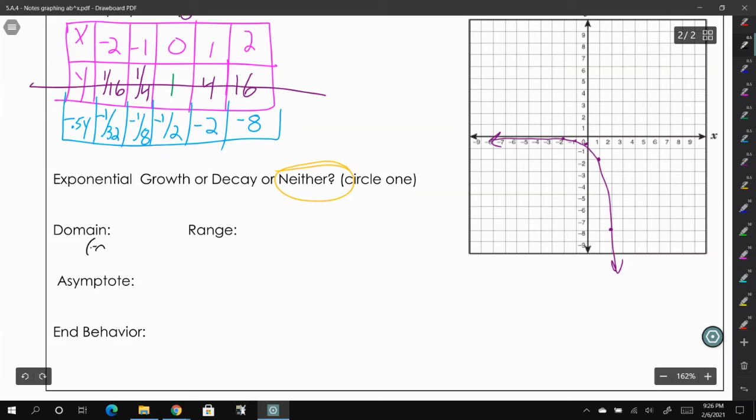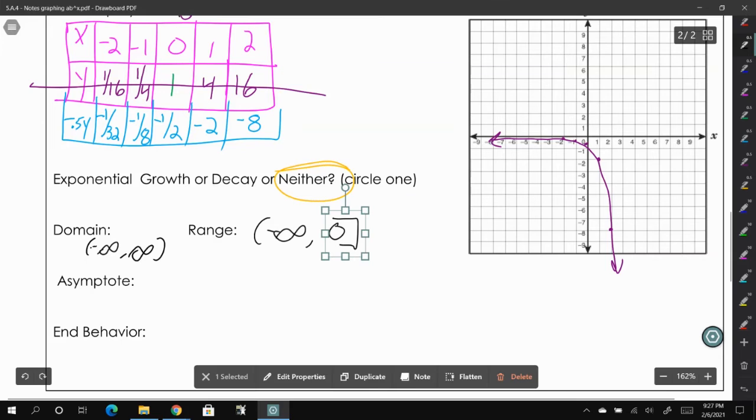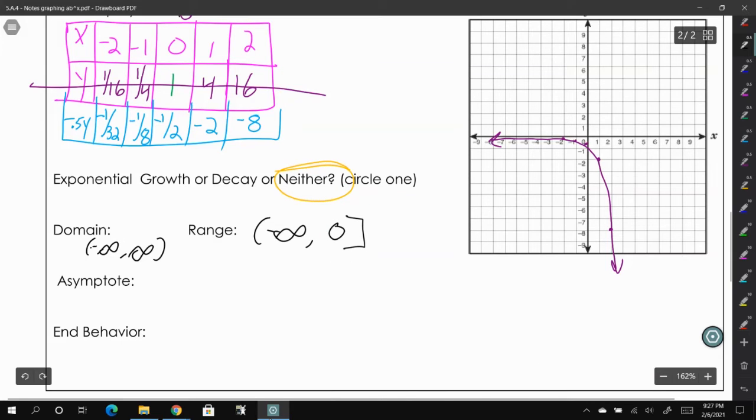Domain, negative infinity comma infinity. Our range, well, the y values go all the way down to negative infinity, and they approach 0. If you look at the left side, the graph gets closer and closer to 0. Asymptote, y equals 0.